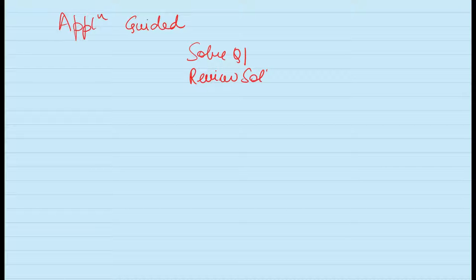So think about an application file as a guided exercise, in which you first solve question number 1 and then you review the solution of this question in detail. Essentially what this allows you to do is compare and contrast your approach versus the approach that has been explained in the solution.